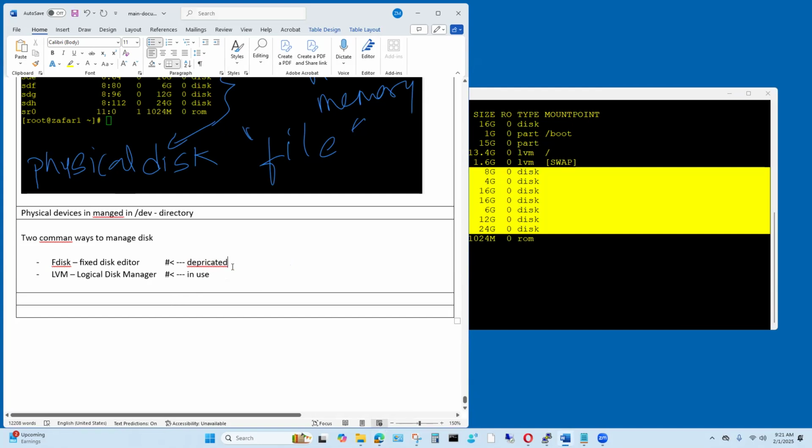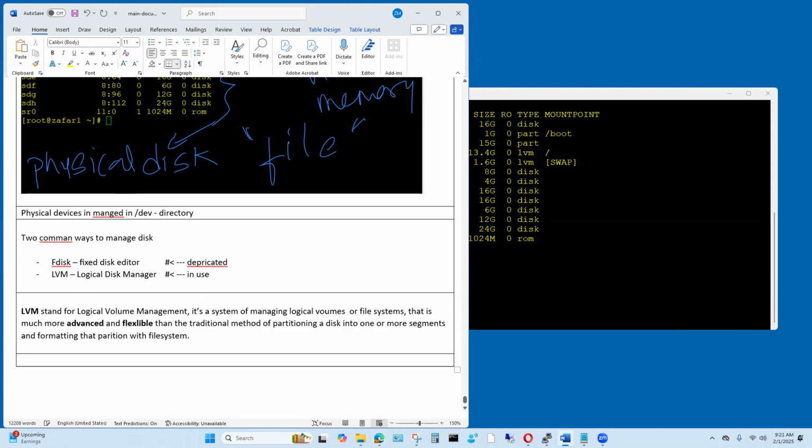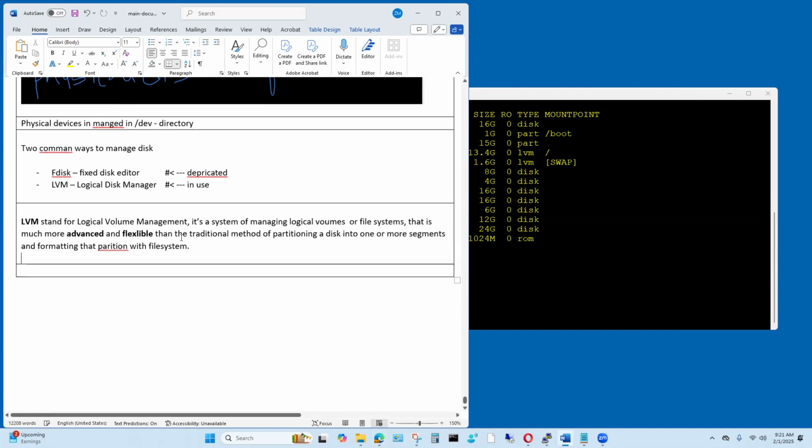I don't see any use in showing you fdisk, so let's just continue with LVM here, because I don't remember anybody using fdisk. LVM stands for Logical Volume Manager, a system of managing logical volumes.